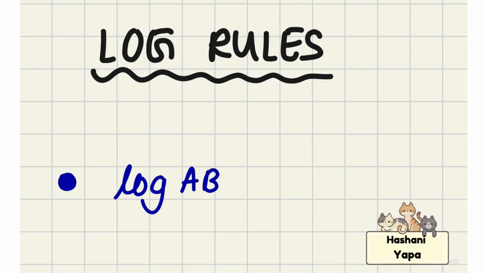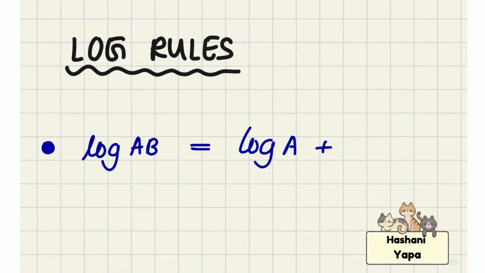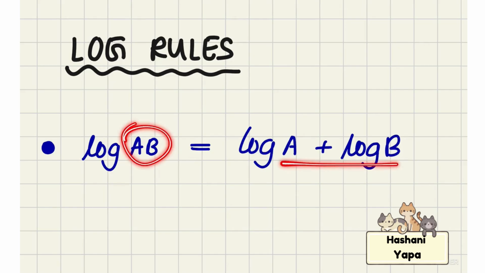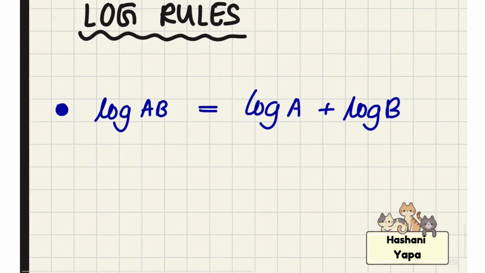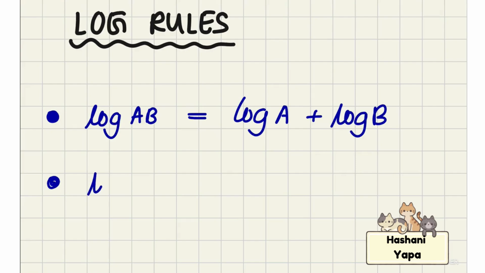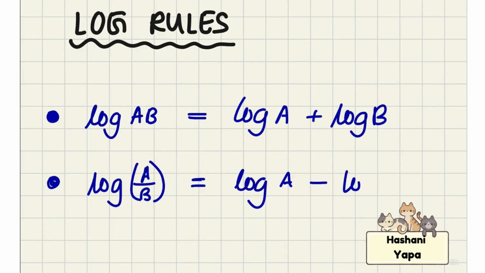Log AB we can write as log A plus log B. If it's multiplication, it becomes addition. If we have log A over B, A divided by B, this is equal to log A minus log B. It's the opposite. If it's division, it becomes subtraction.